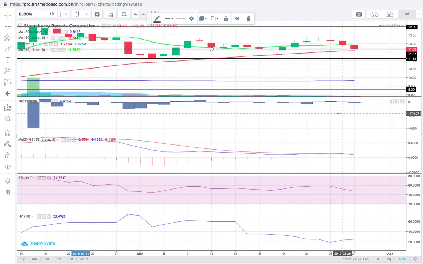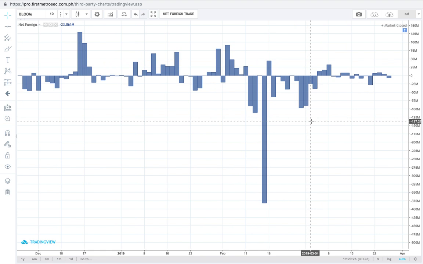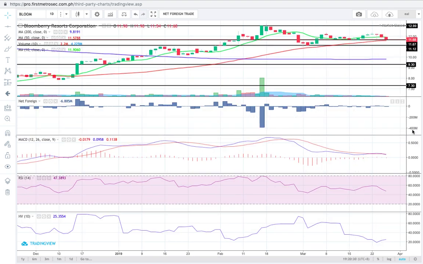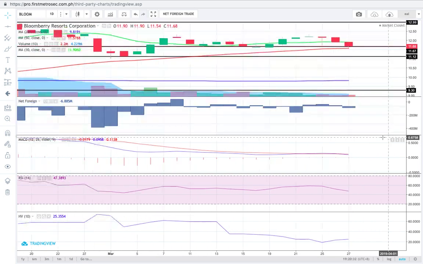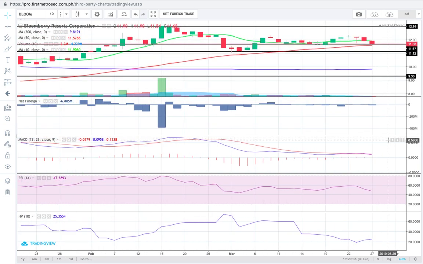Okay. Now for the 2019 net foreign trade, Bloom is on a net foreign selling status. Okay. MACD remains bearish for Bloom on the daily chart. On the daily as well, Bloom has a volatility score of 25%, and that gives the stock a low risk level.